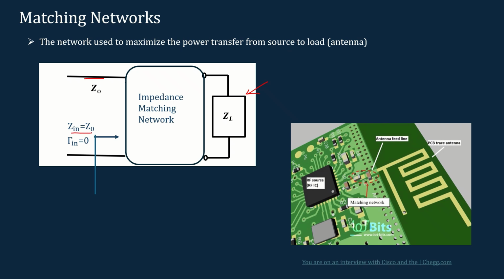That means Zin, the total impedance of the whole system, will become equal to the characteristic impedance, and it can avoid the reflections and cause the maximum power transfer. So these types of components are known as the matching network, which are used to match the impedance of the designed antenna to that of the source or the transmission line, which is used to connect the source to the antenna.